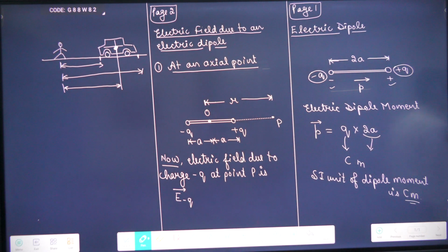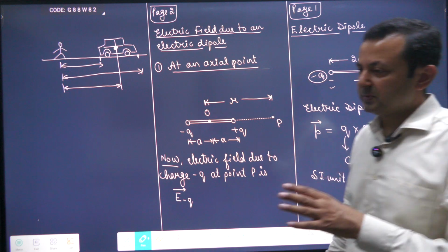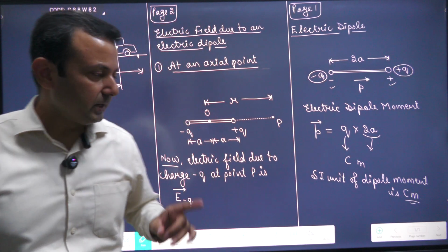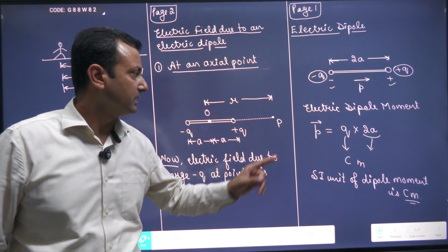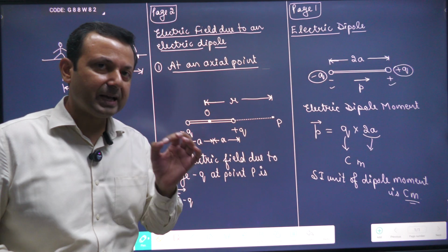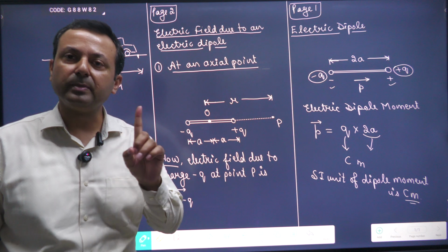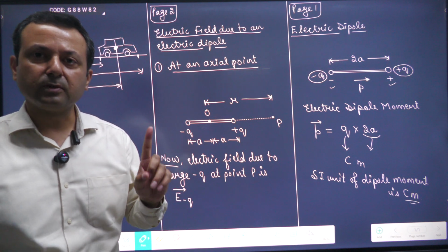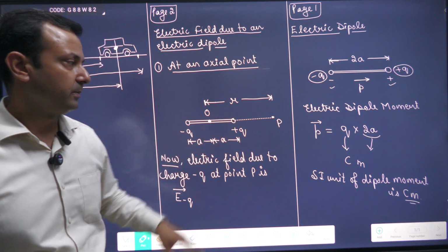Whenever we find the electric field of anything, if we want to find the electric field at point P, what do we do? We assume that a unit positive charge, meaning 1 coulomb, is kept at this point.